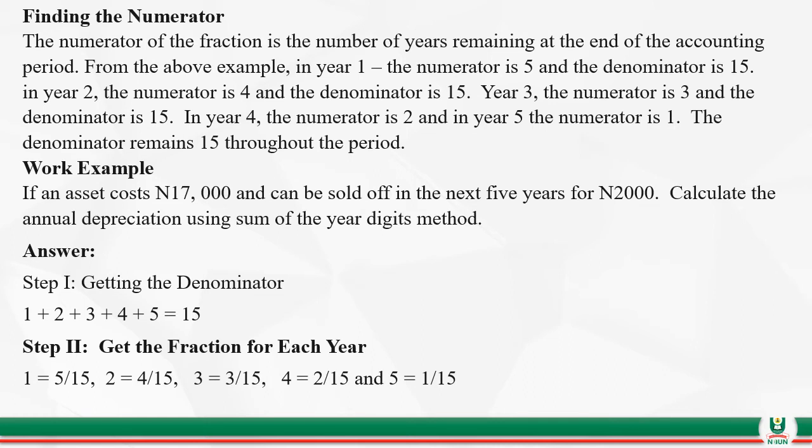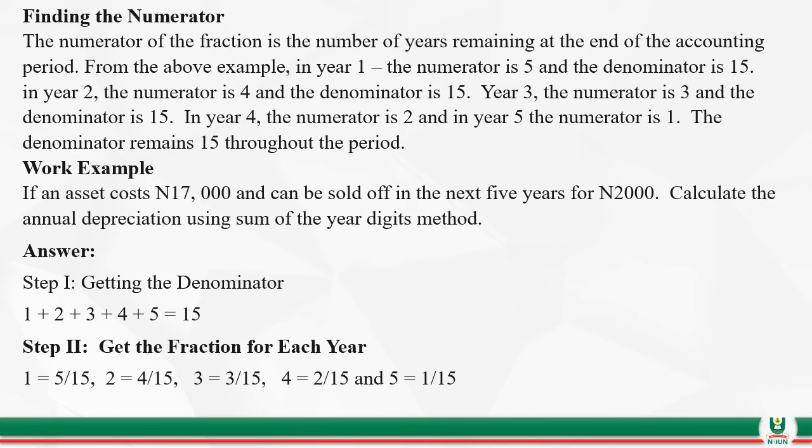In year 3, the numerator is 3 and the denominator is still 15, because the numerator varies, reducing as the years remain fewer. Year 4 has a numerator of 2 and the denominator is 15. In year 5, the numerator is 1 and the denominator remains 15 throughout the periods.